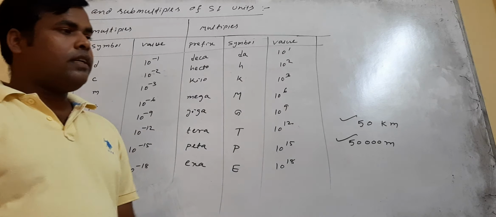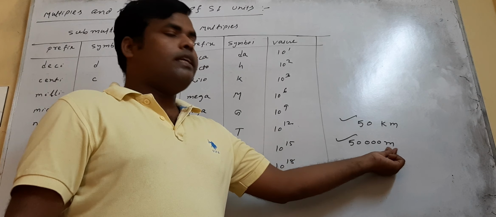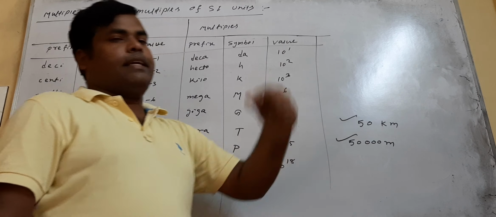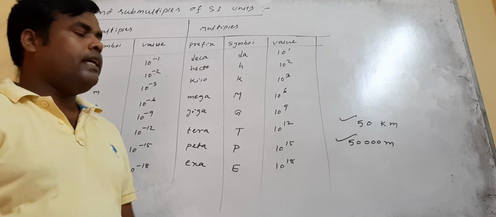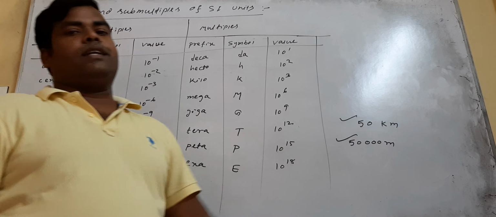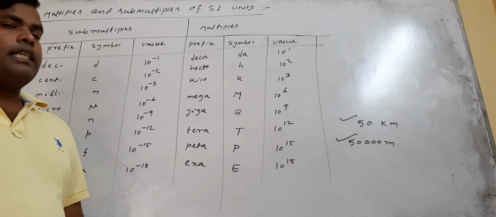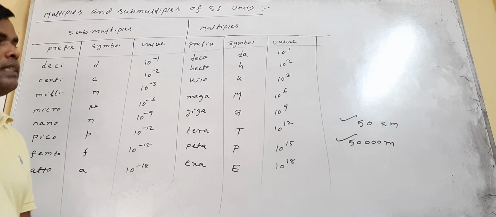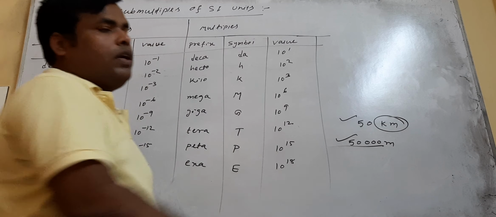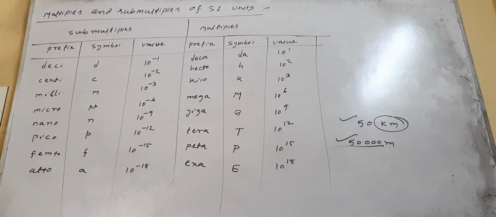Then what is done here? You see here meter, here we are adding only k, the prefix k to meter. That means it is kilometer. This k stands for kilo. That means here we got the multiples of SI units.